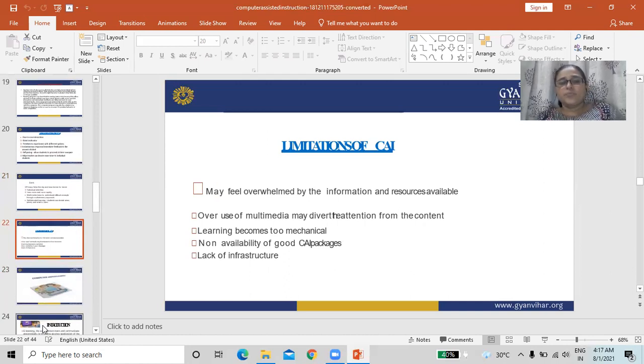Limitations of computer assisted instruction. Learners may feel limited by the information and resources available.